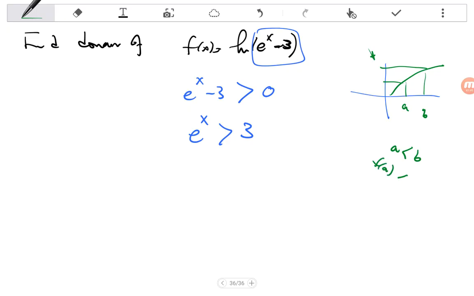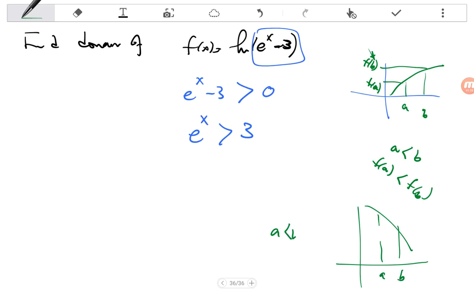I will just have f of a less than f of b. But when I have a decreasing function like this, and I have a less than b, what about the f's of these a and b? You will find that f of a would be greater than f of b. Why? Because the f that you are operating on the sides of the inequality is a decreasing function.